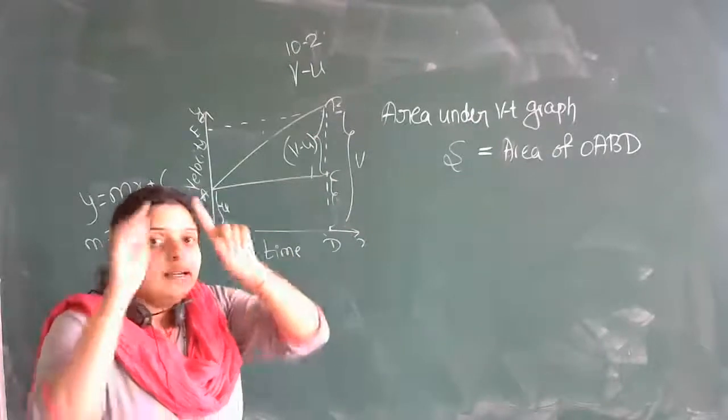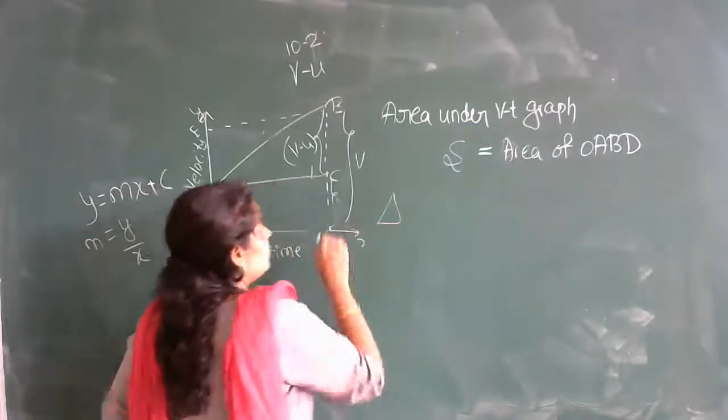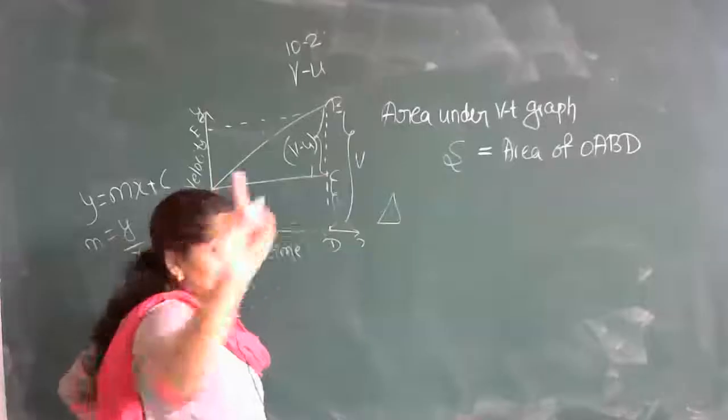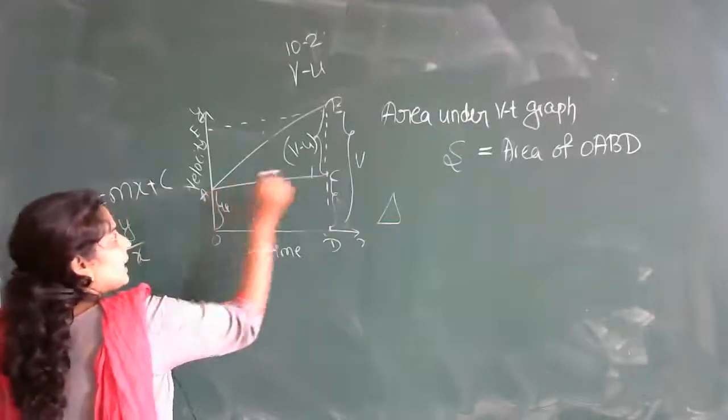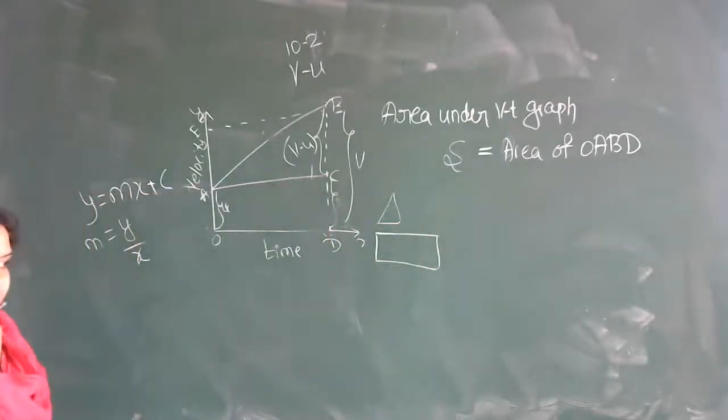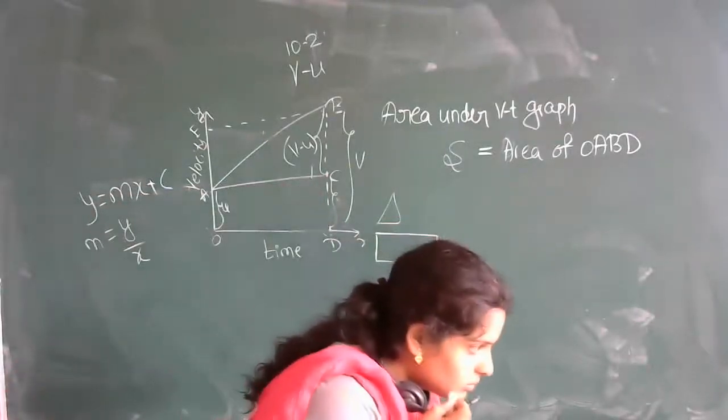One is triangle ABC, which is a right angle triangle, and the other is rectangle OACD. Do you agree with me? Everyone agree with this?